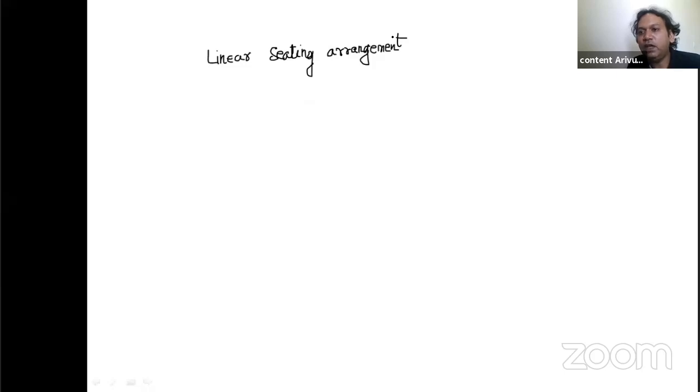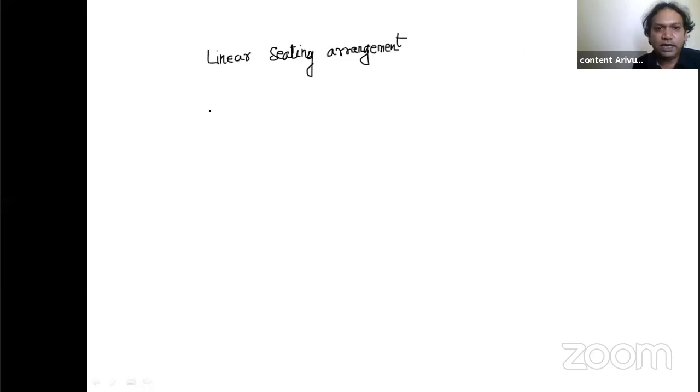Write down the first one, linear seating arrangement. And we'll make a question here. Step by step, I'll write down each line of the question one by one. According to the lines which I'm writing, we will put in data, and that will be, you can say, a theory part for you.